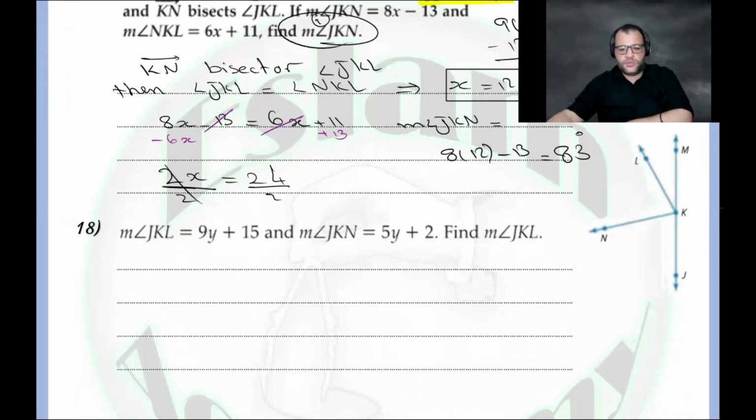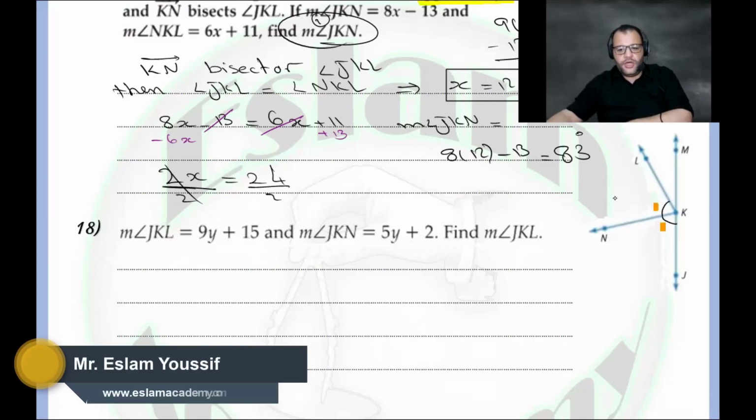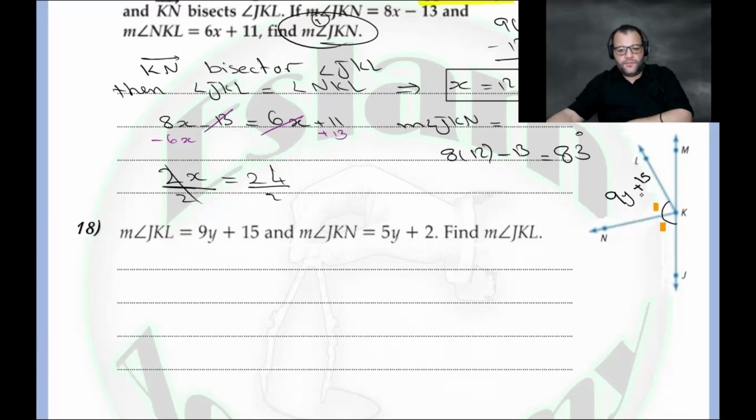For the same question, we have KN bisecting angle JKL. The measure of angle JKL, all of this one, is 9y plus 15. And the measure of angle JKN, only this part, is 5y plus 2. How can we solve this one?